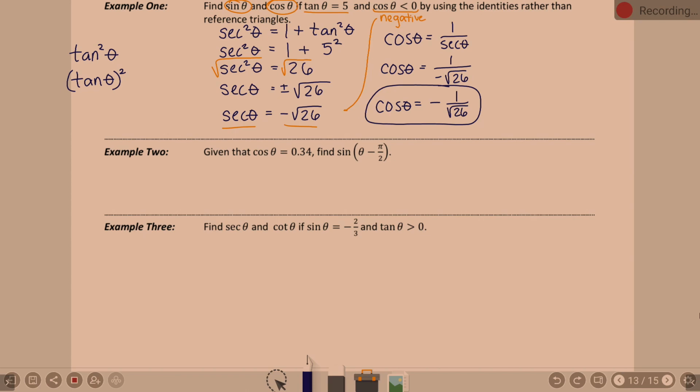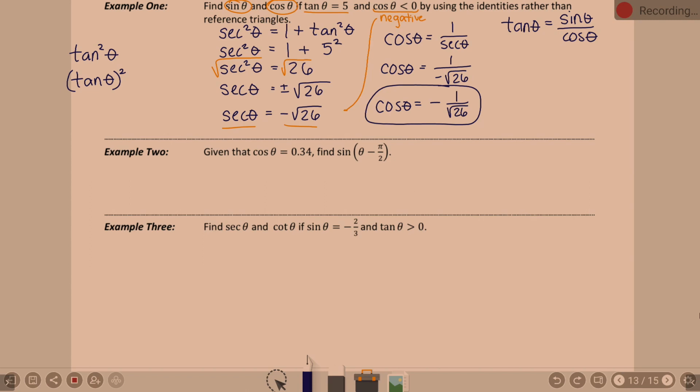We can, and that's going to be my recommendation of where we go, is that we write down the quotient identity. Tangent of theta is equal to sine of theta over cosine of theta. Fill in what you know.